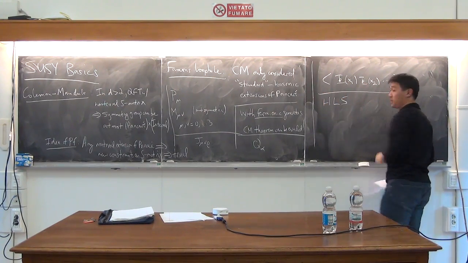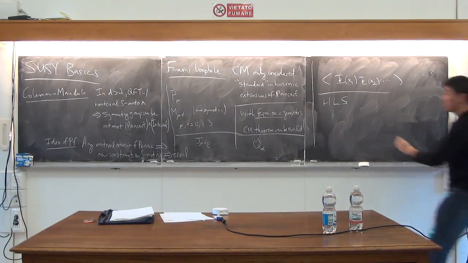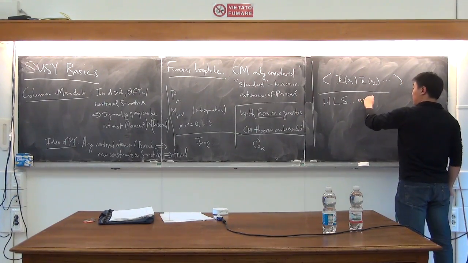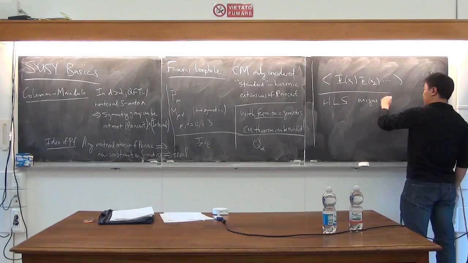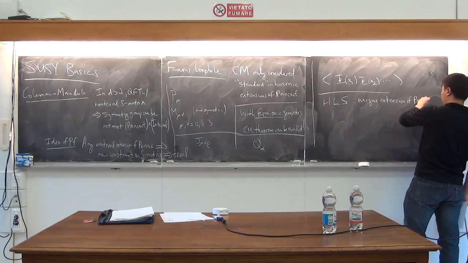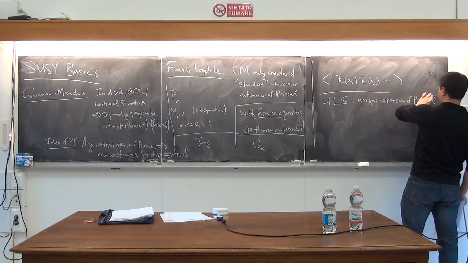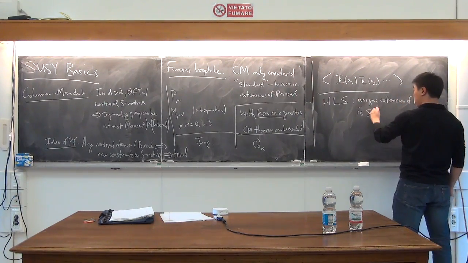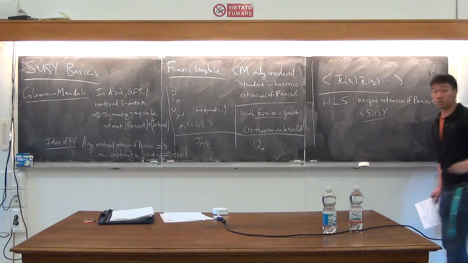Haag, Lopuszanski, and Sohnius showed is that the unique extension of Poincare is the supersymmetry algebra.